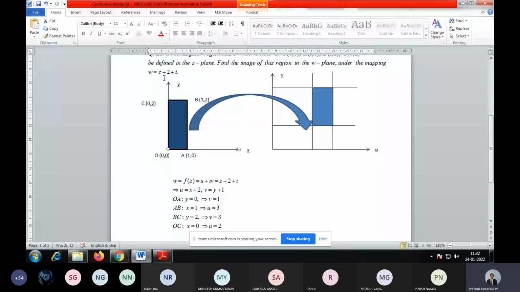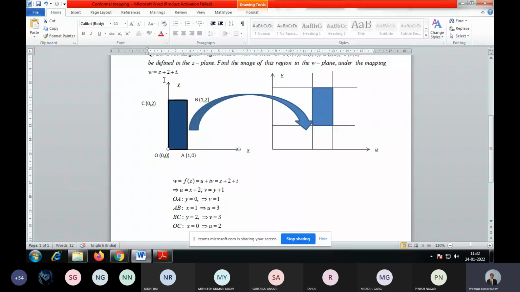What is the value of f dash z? f z is z plus 2 plus iota, then f dash z is 1. So 1 means that it is non-zero.